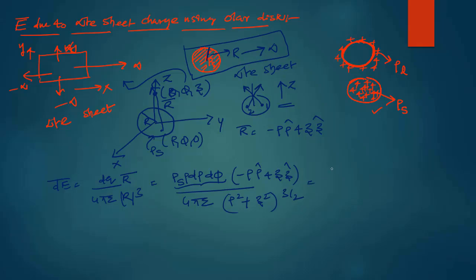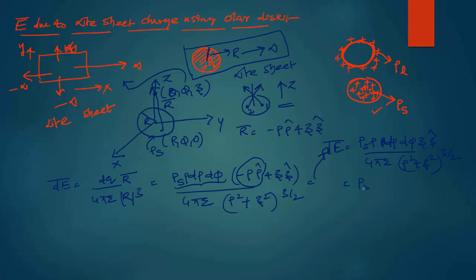So in the resultant electric field we will be having only the z component, so we have to remove this rho component. So here I am writing dE bar is equal to rho s rho d rho d phi z cap by 4 pi epsilon into rho square plus z square whole power 3 by 2.